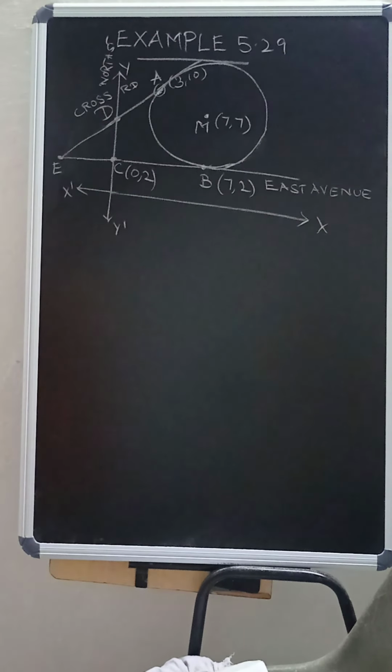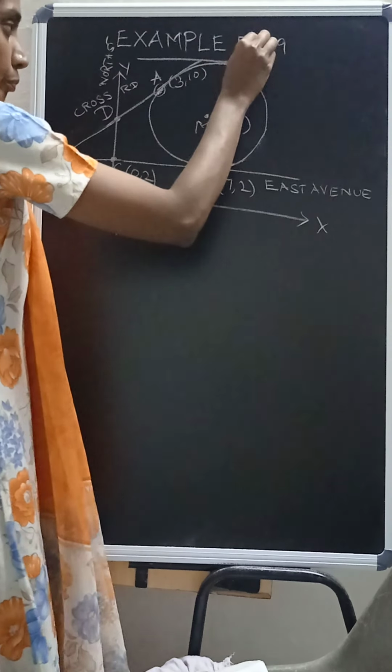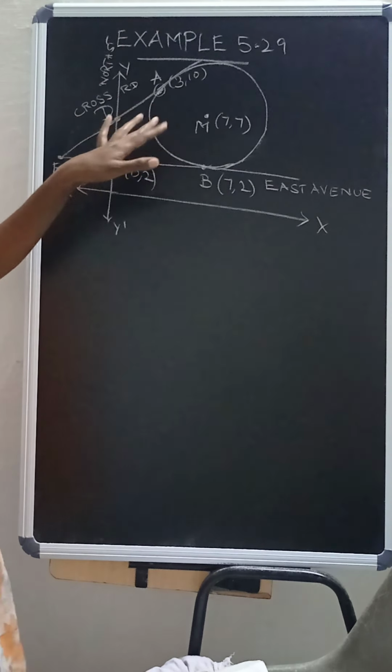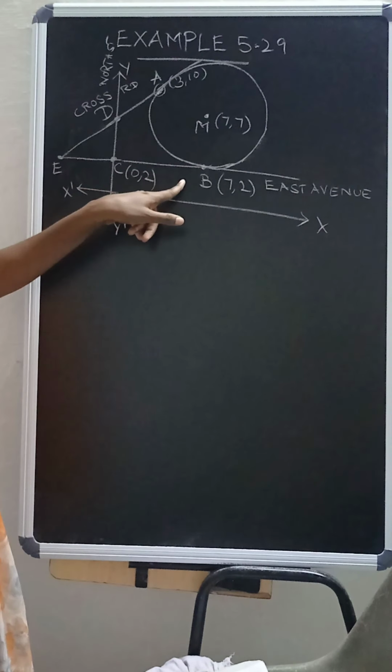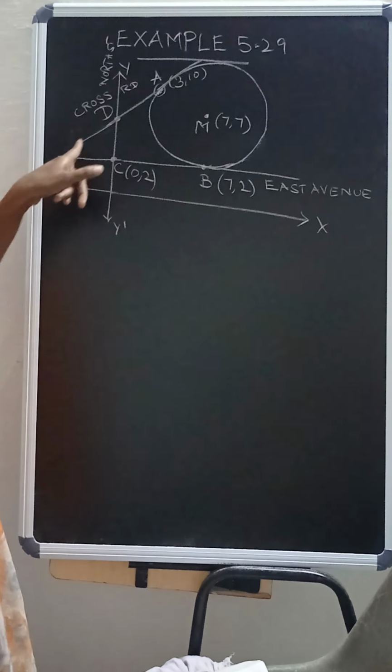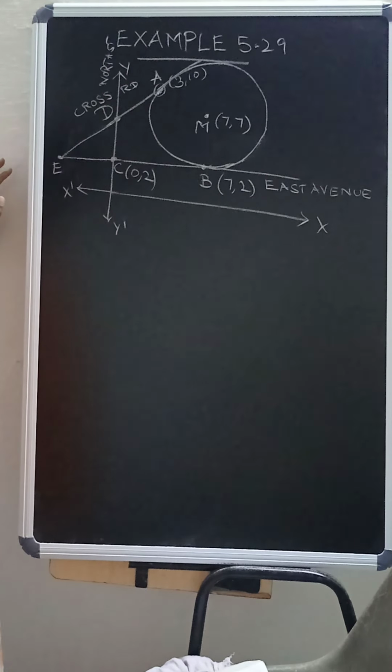Now we will see example number 5.29. This is a very simple sum, though it is very lengthy. A circular garden is bounded by East Avenue and Crossroad. So this is East Avenue and this is Crossroad. Crossroad intersects the North Street.